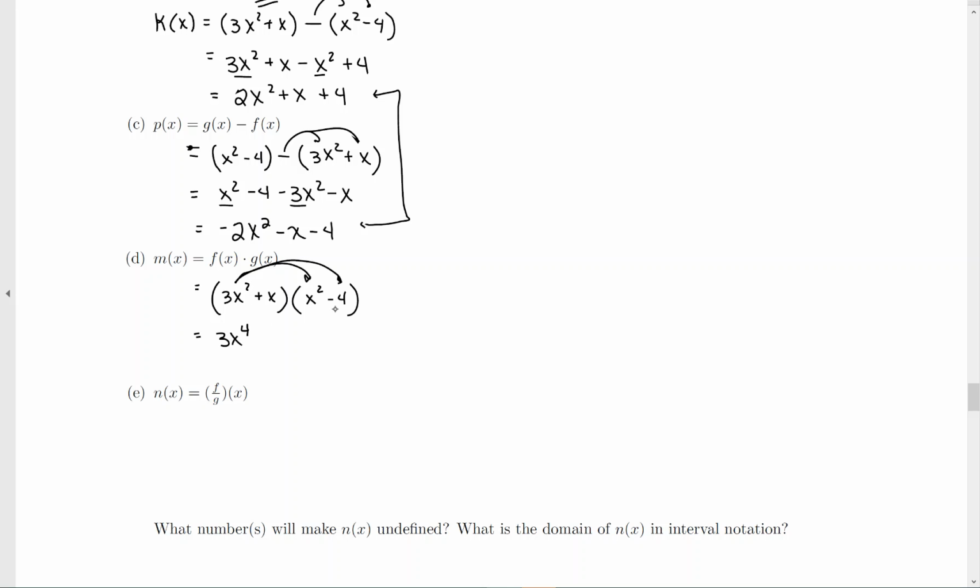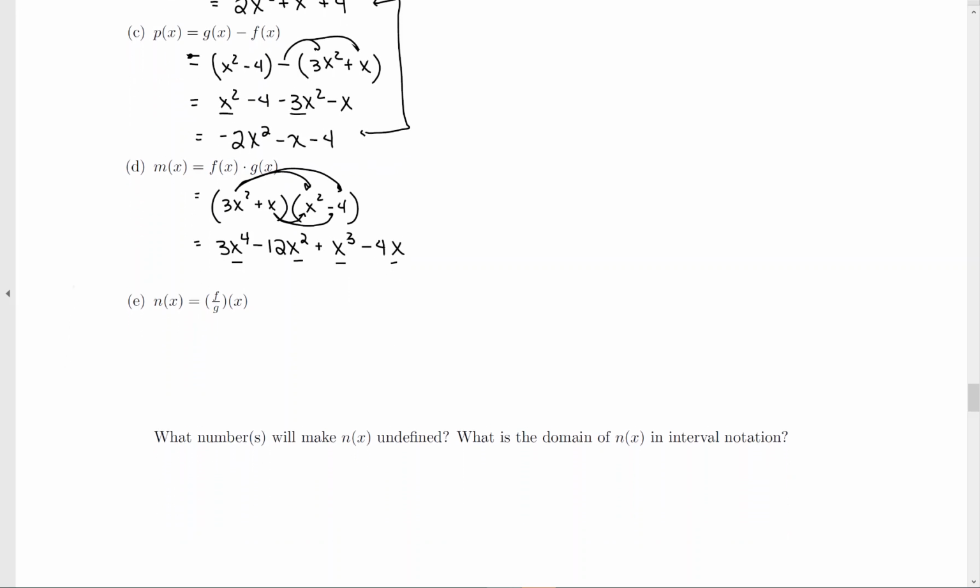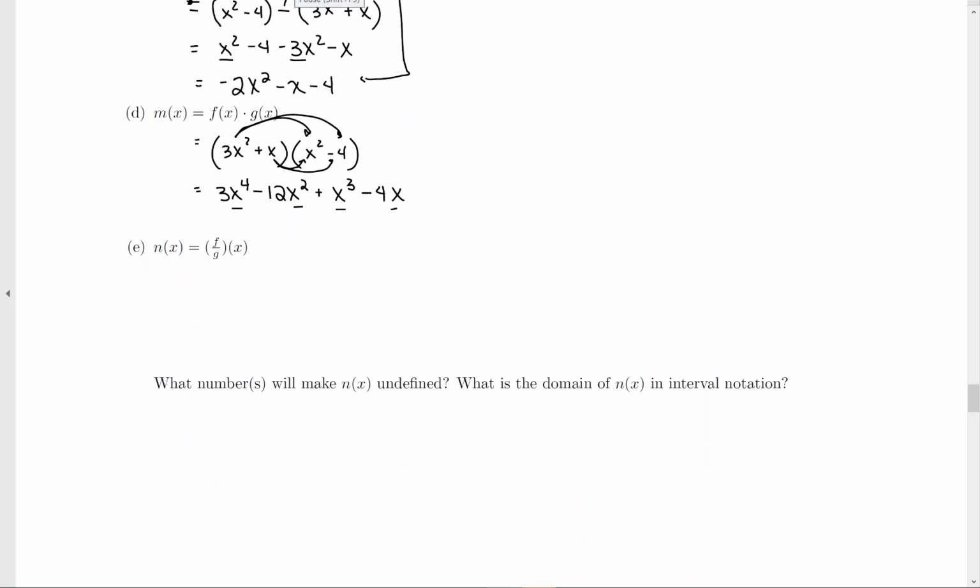Outside, 3x squared times negative 4, negative 12x squared. Inside, x times x squared, x to the 3rd. And then last, x times negative 4, negative 4x. None of these have the same power, so we can't combine any further. If you wanted to, you could write it in descending powers of x, but it's not necessary.